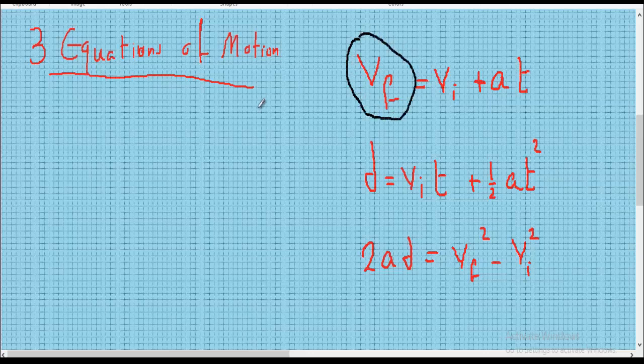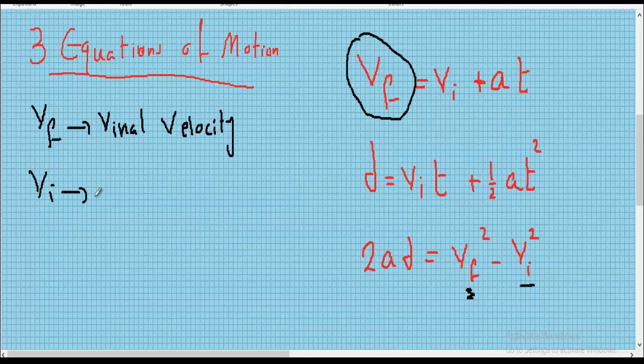Let's write them on this side. VF means final velocity. We have VF in the first equation and in the third equation, where Vf is squared. Then Vi is the initial velocity. Vi, we have here and here.